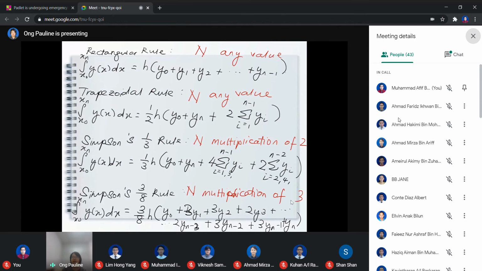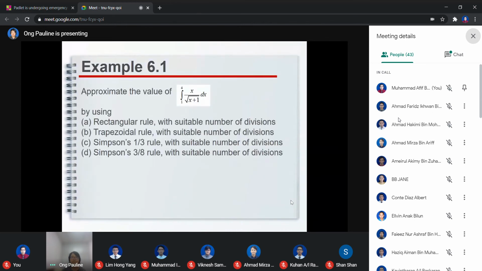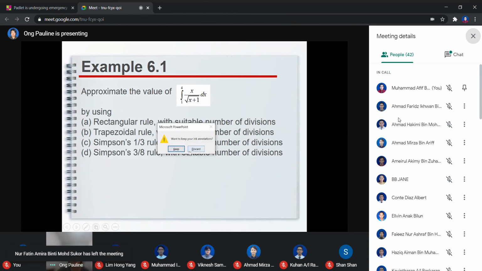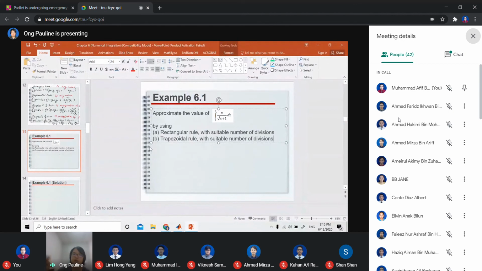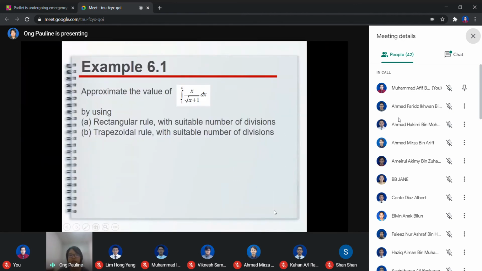All right, now let's proceed to one example. We want to approximate this. So we solve using the rectangular rule and trapezoidal rule first.